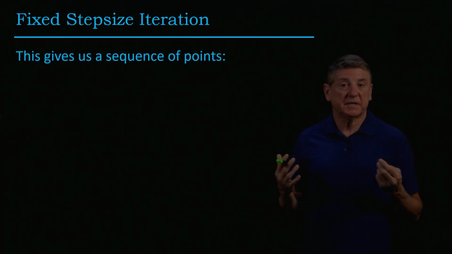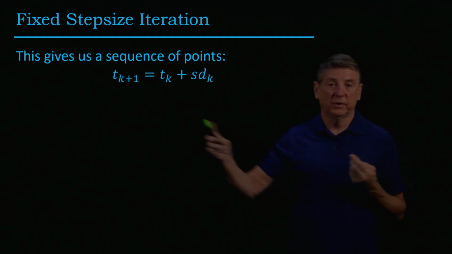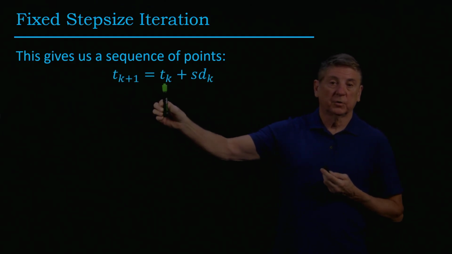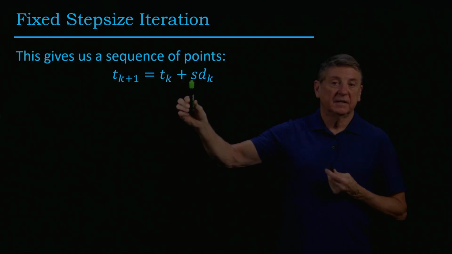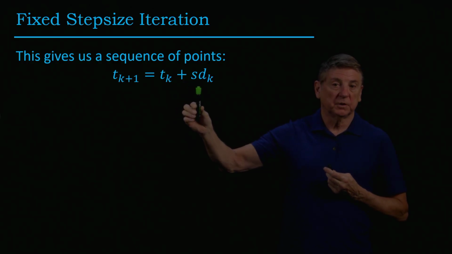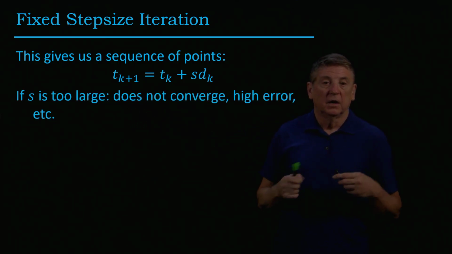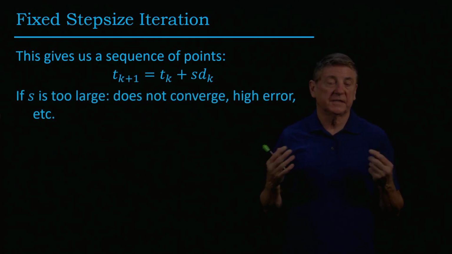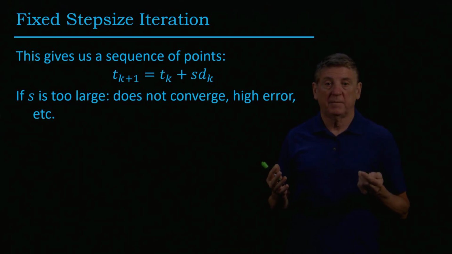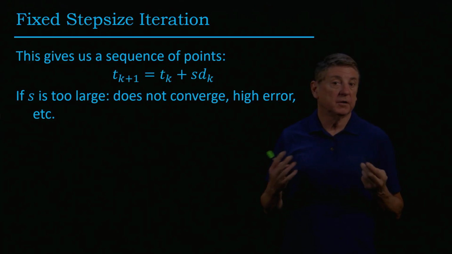So the fixed step size iteration gives us a sequence of points. What we say is from the current point, let's add the user provided multiple of the direction, and that gives us the new point.